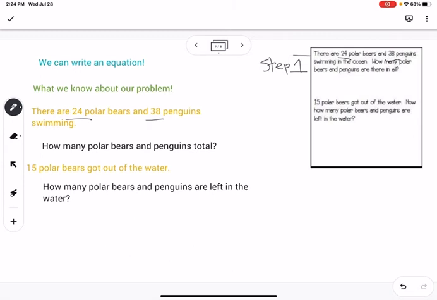And the question is asking us how many polar bears and penguins are there in all. And then this is step 2. And we know that 15 polar bears got out of the water. And that one is asking how many polar bears and penguins are left in the water.